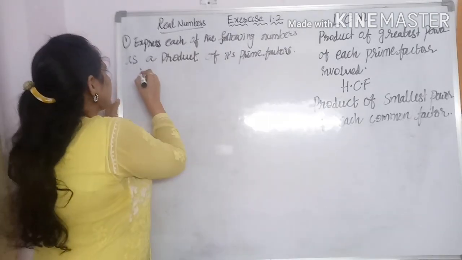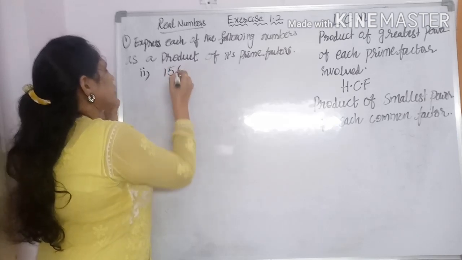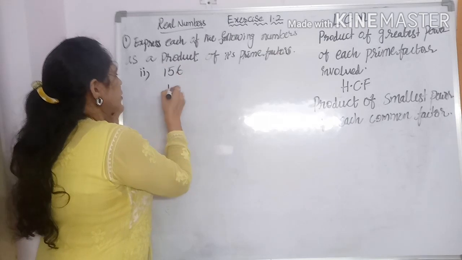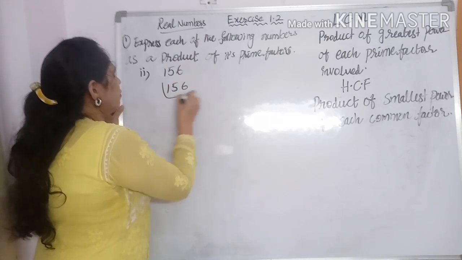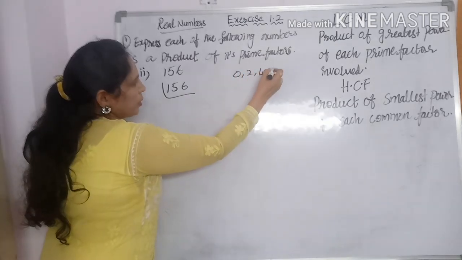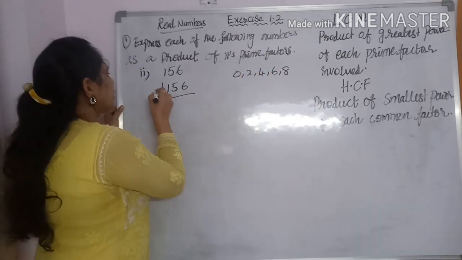Now move on to the next question. Next one, 156. How can we prime factorize? Same method. When you have 0, 2, 4, 6 and 8, it is divisible by 2.